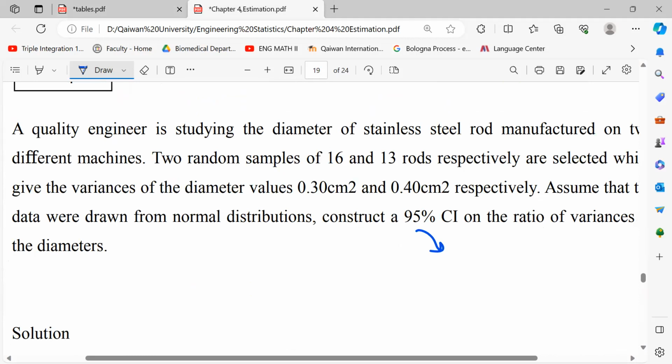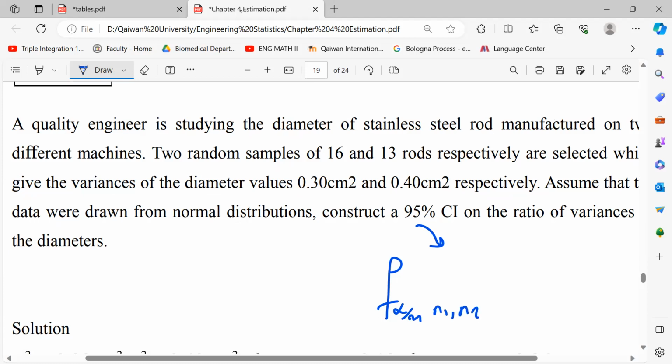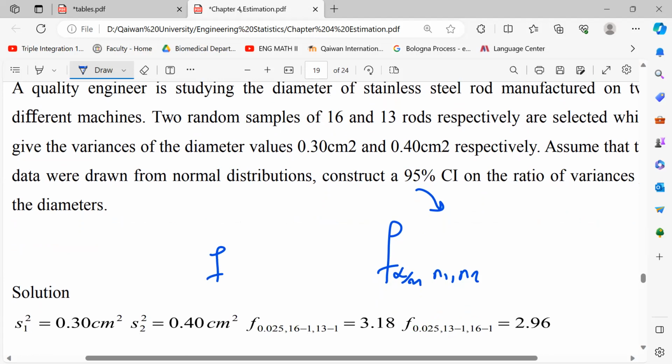We look for f of alpha over 2, n1, n2, and we also need f of alpha over 2, n2, n1, each minus 1. What's alpha over 2? Alpha here is 1 minus 0.95, which is 0.05.